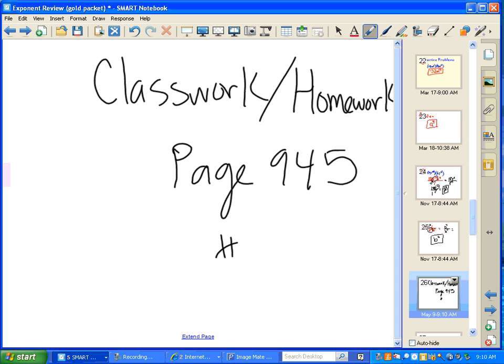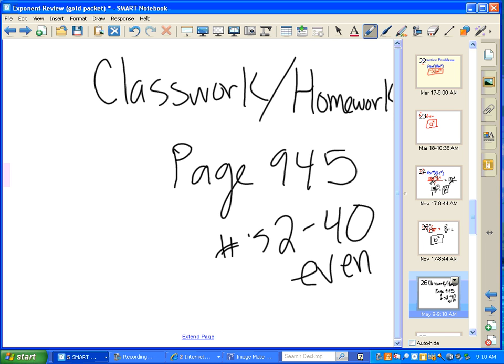Okay, and I want you to do numbers 2 through 40, just the evens. So 945, it's way in the back. 2 through 40, evens. Keep your answers in exponential form. I'm going to walk around to make sure you guys are okay. There's paper back there if you need more. What you don't finish in class is homework. If you need to look at the notes that we did today, please make sure that you do that. So 945, 2 through 40, just the evens. Leave answers in exponential form.